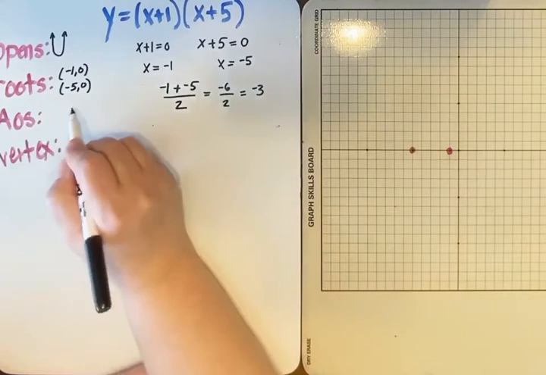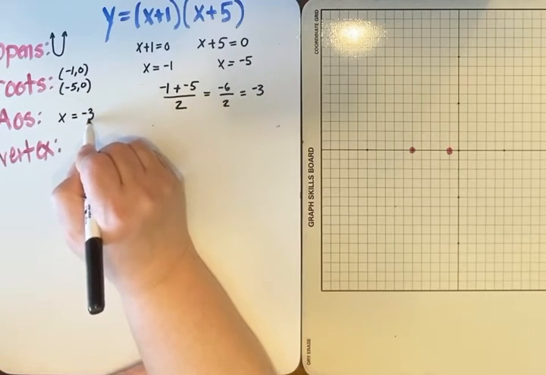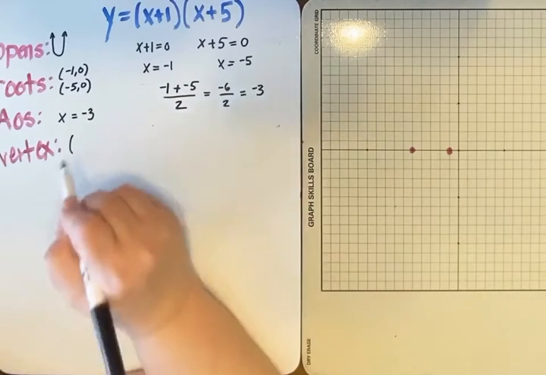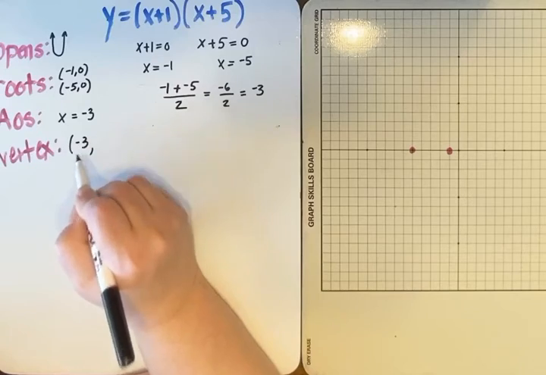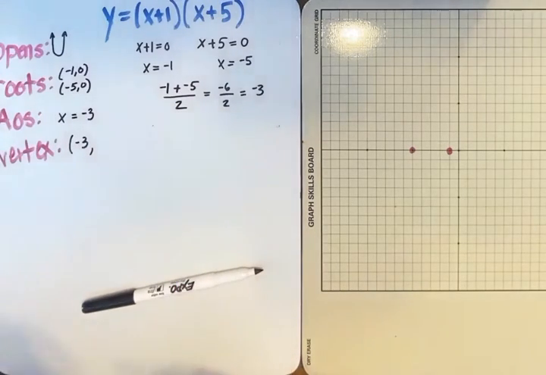That's going to tell me that my axis of symmetry is the line x equals -3. It also tells me that the x coordinate of my vertex is at -3. And so now I could put in the axis of symmetry.